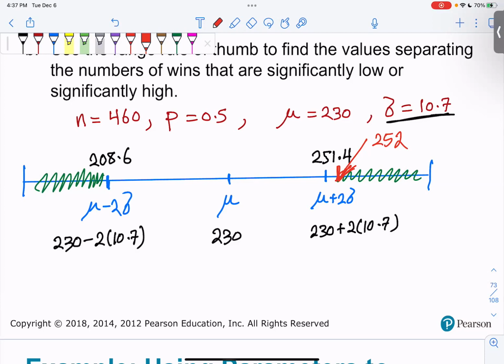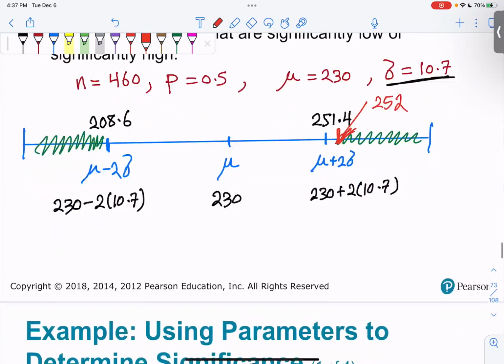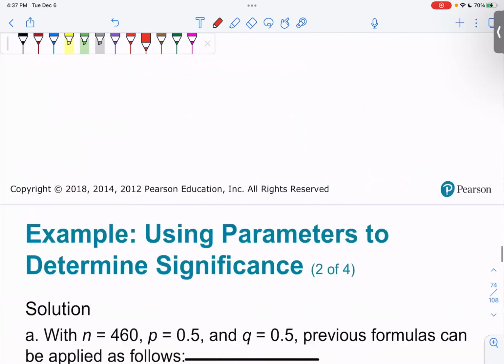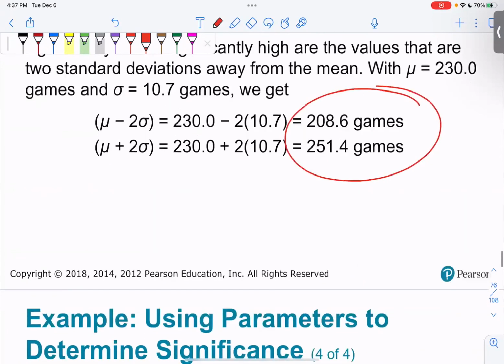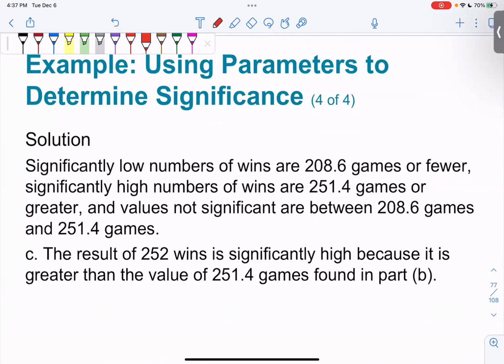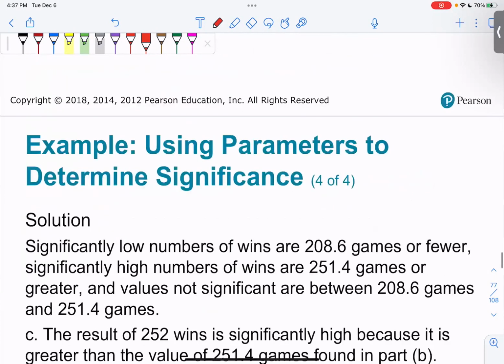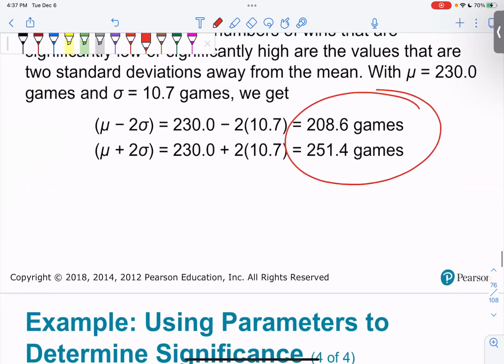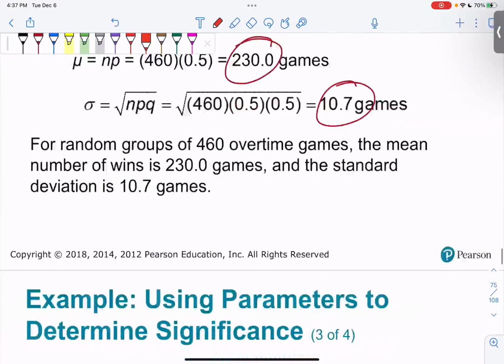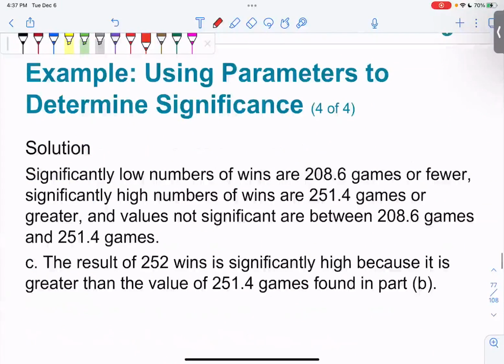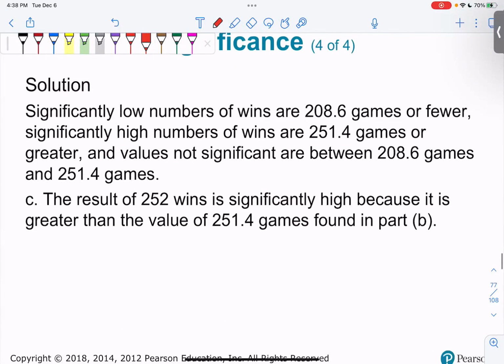Because it's greater than 251.4. We did find this value, right? Yes, so since 252 is greater than 251.4, it's significantly high.